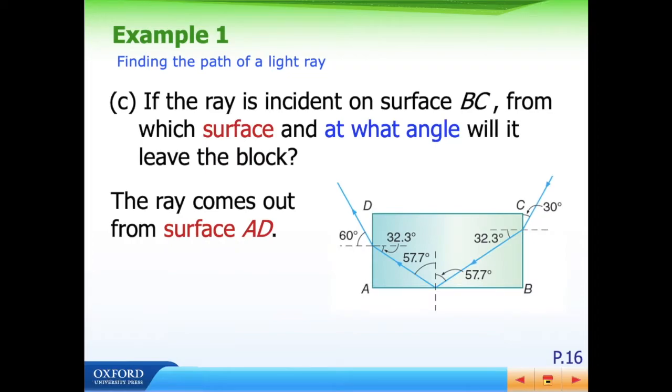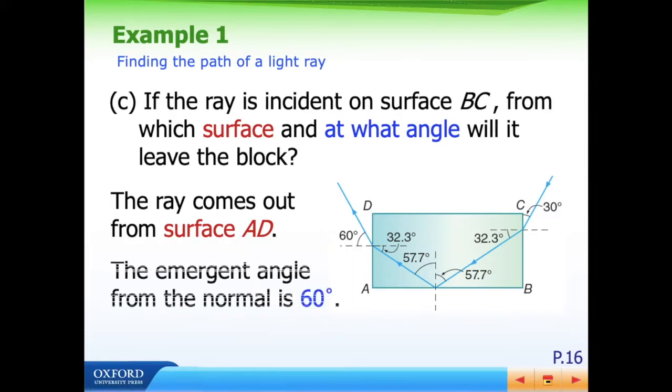If the ray is incident on the surface BC, from which surface and at what angle will it leave the block? From this diagram, we can calculate the angle of refraction here, and from here we can calculate exactly where it comes out. The ray comes out from surface AD. The emergent angle from the normal is equal to 60 degrees.